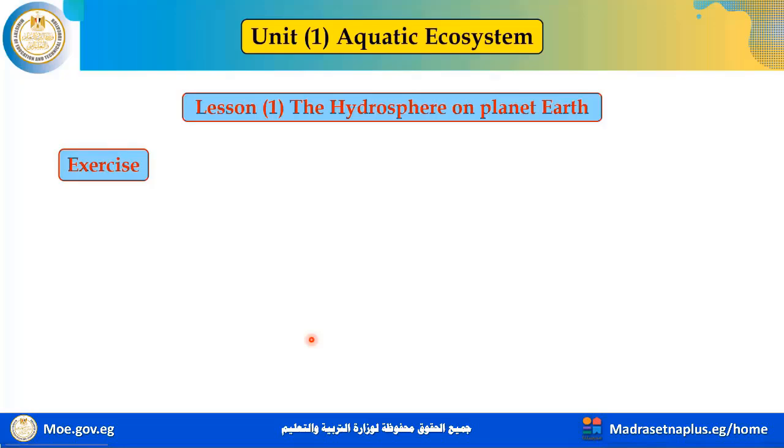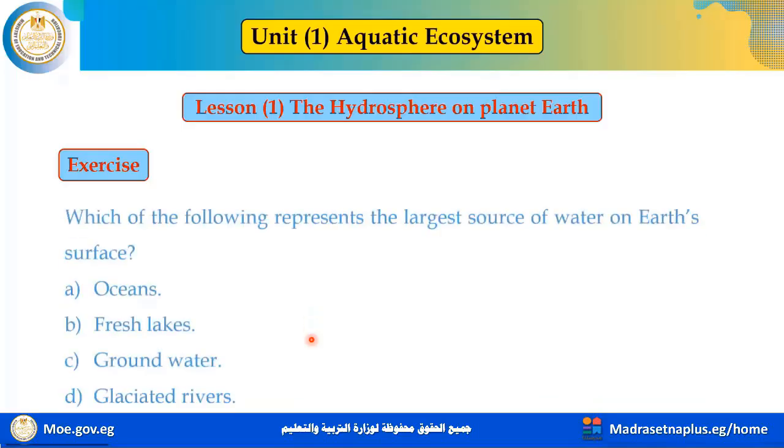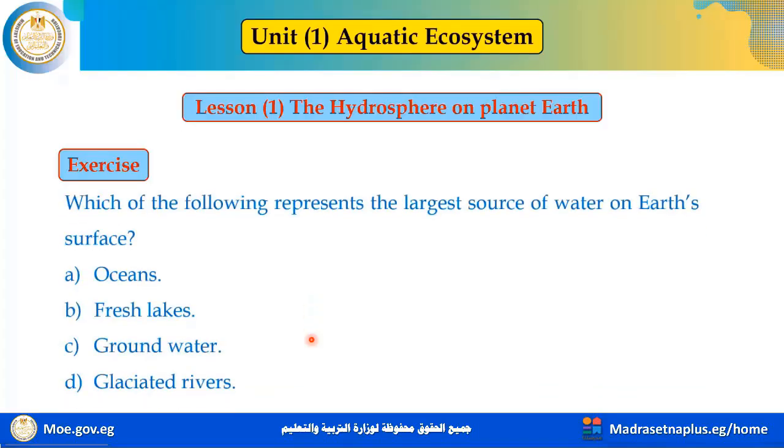Another question for deeper understanding. Which of the following represents the largest source of water on Earth's surface? Oceans, fresh lakes, groundwater, glaciers, rivers? Yes, that's good. It is oceans. Excellent.